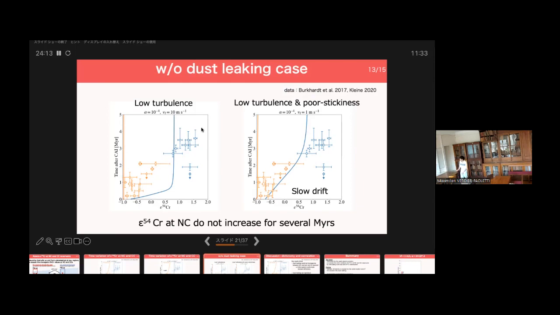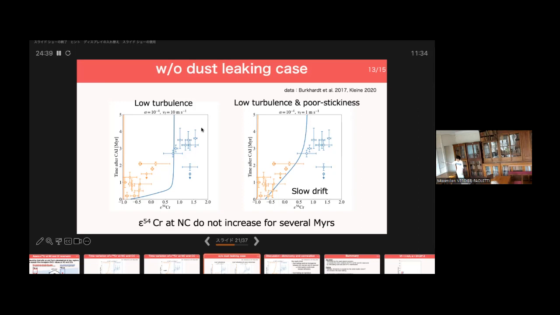But this is a case for high turbulence and poor stickiness. In the poor stickiness case, the dust size is smaller than in the previous case, and the time scale of radial drift is longer than in the previous case.